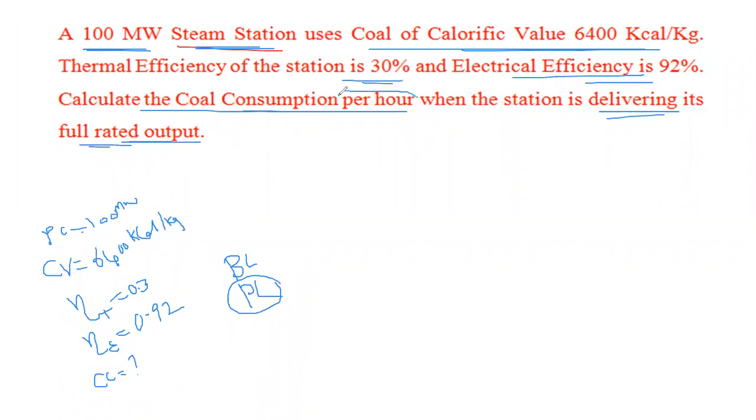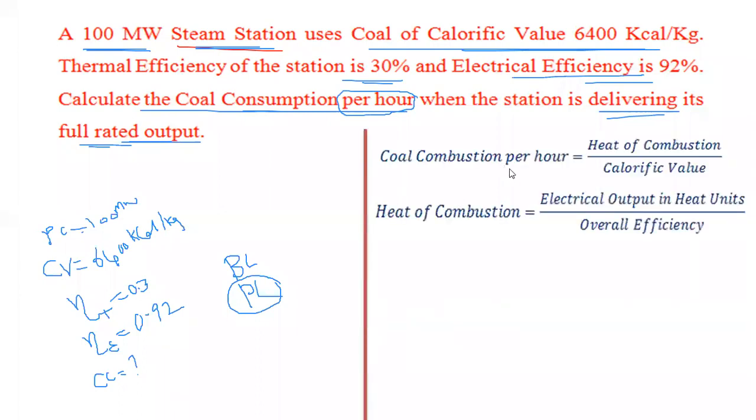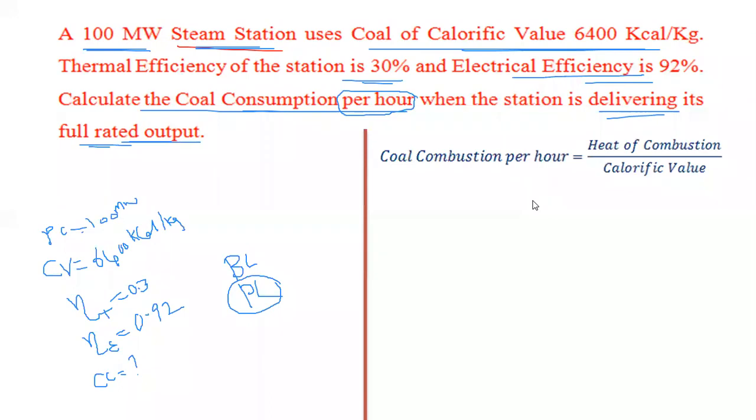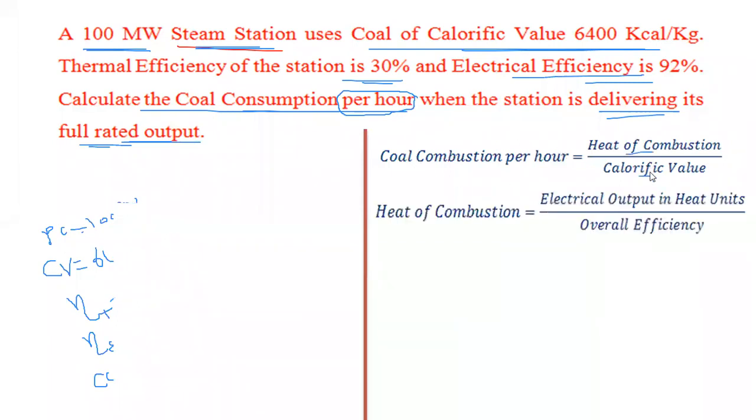It is clearly mentioned per hour. The coal consumption per hour formula is heat of combustion by calorific value. The calorific value given in the problem is 6,400.